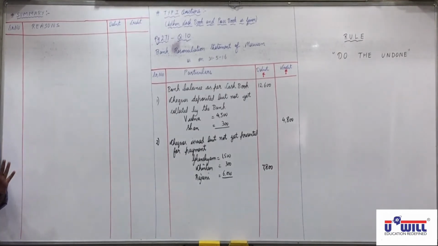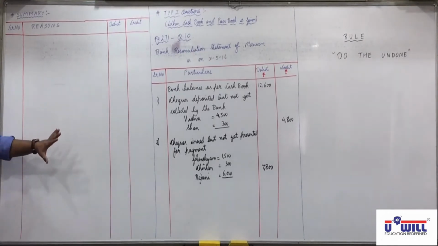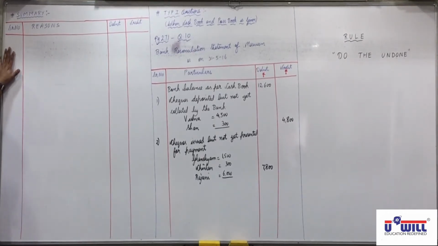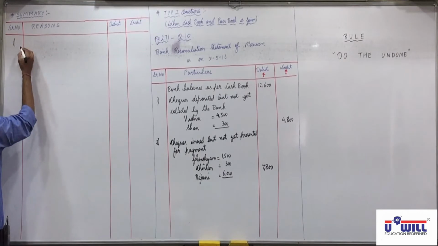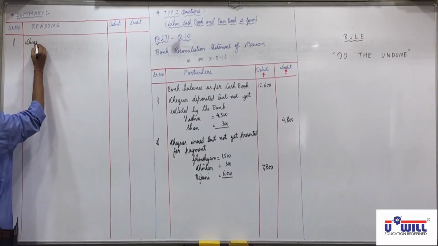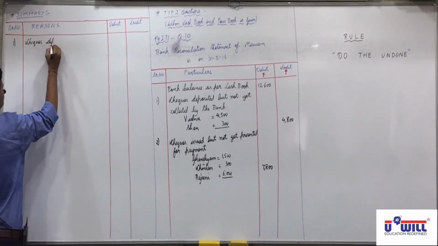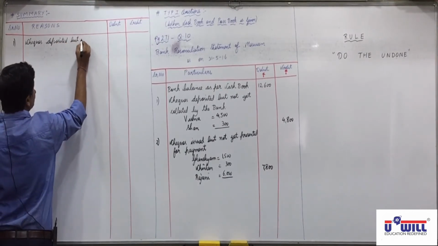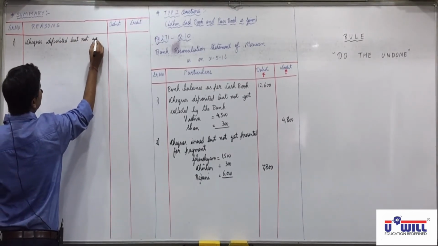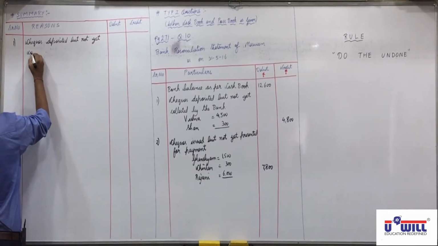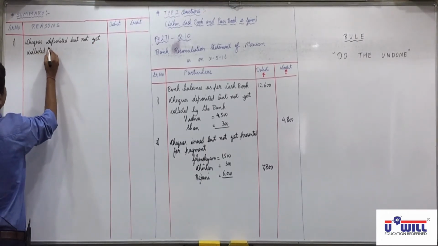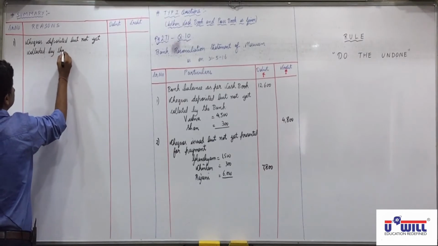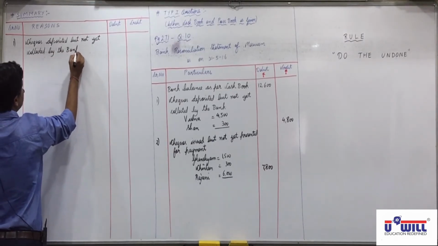Any confusions with this? Okay, so in the summary we first include these 2 reasons. Which are the 2 reasons possible for differences? Checks deposited but not yet collected by the bank.